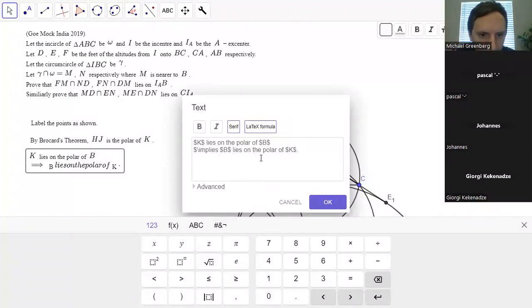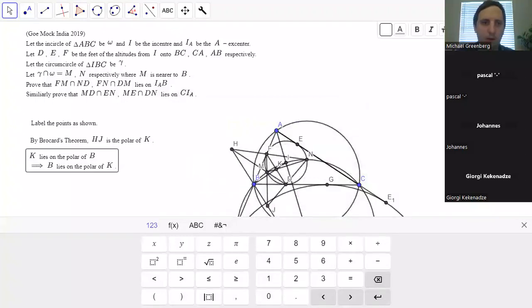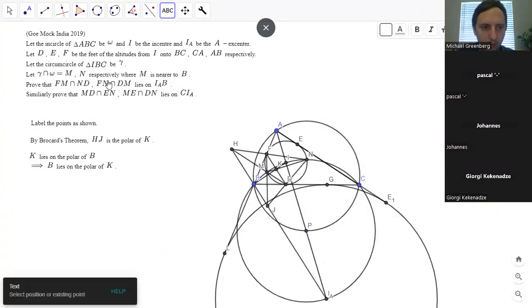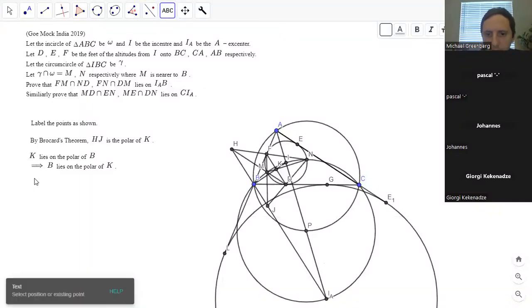What did I do wrong here? Gotta get rid of that one. Okay, so we have angle IAMI is 90.